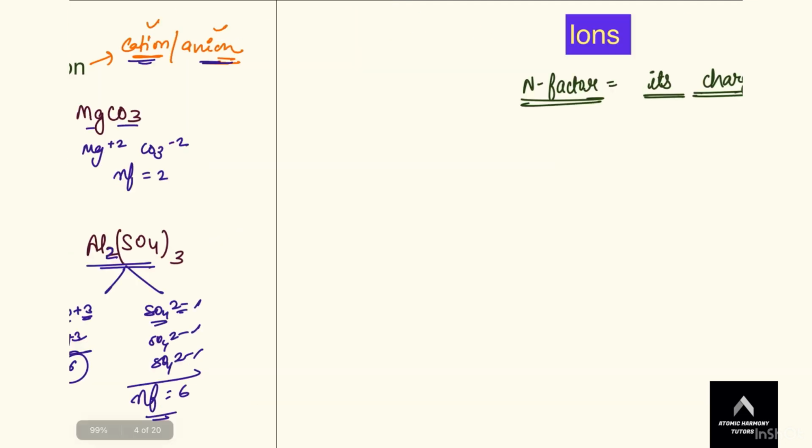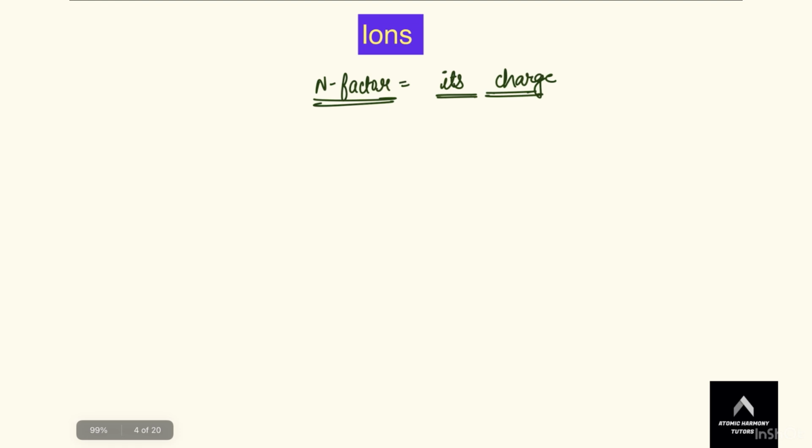Now in case of ions, the n factor is equal to its charge. For example, I am considering Na positive. Na positive has one positive charge, then its n factor is equal to 1.